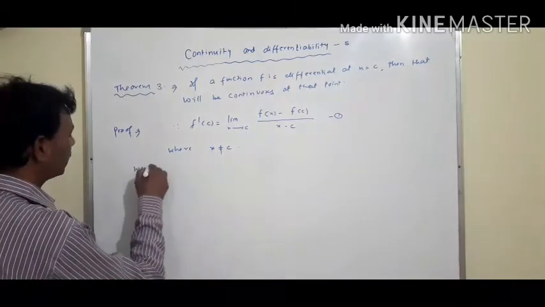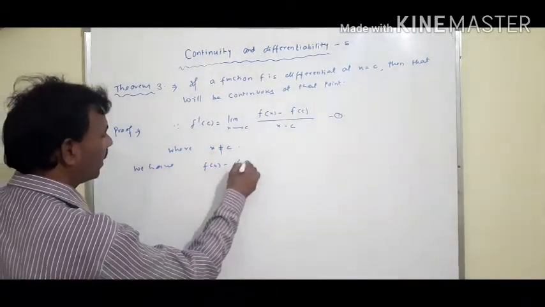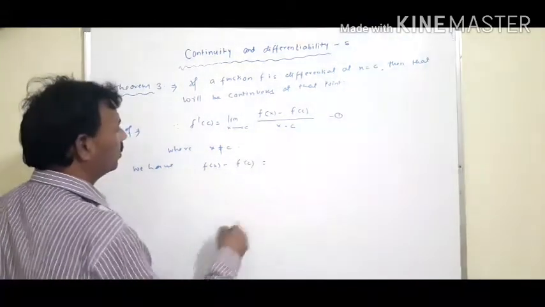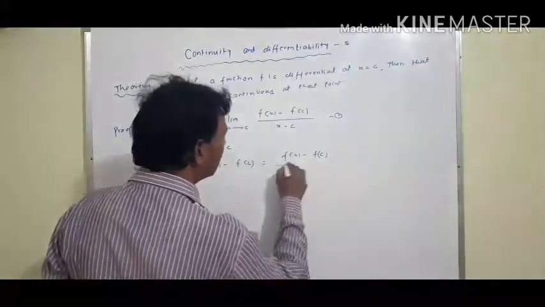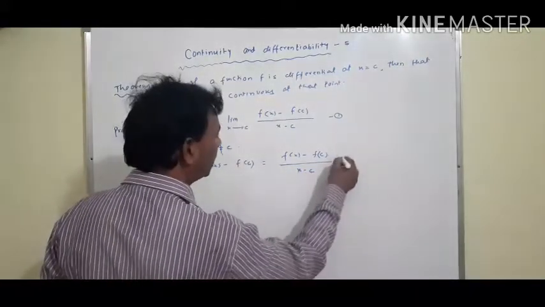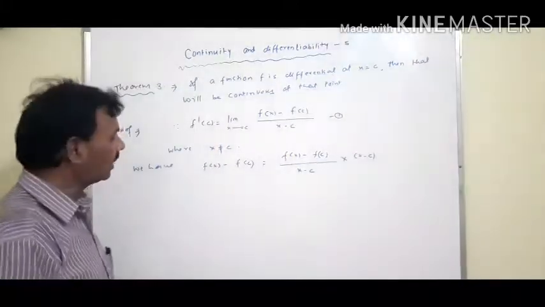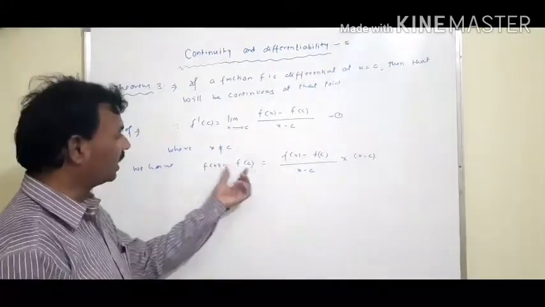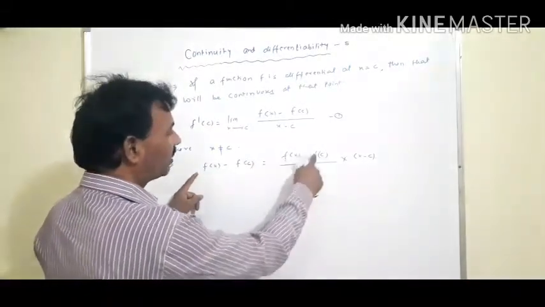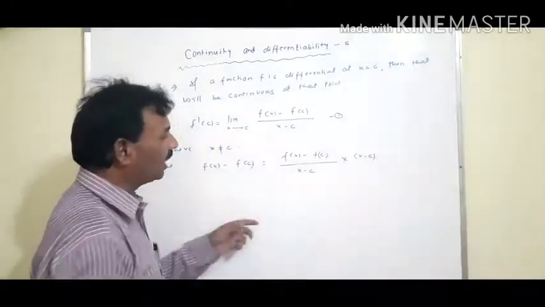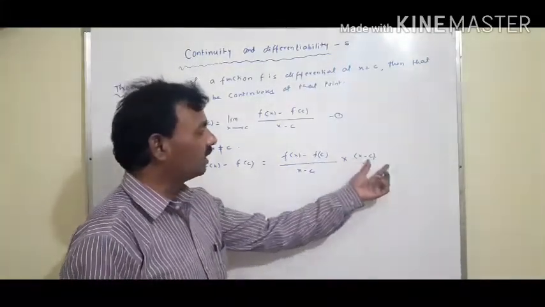We have f of x minus f of c equal to f of x minus f of c divided by x minus c, multiplied by x minus c. We write the same f of x minus f of c, and multiply in the numerator and denominator by x minus c.